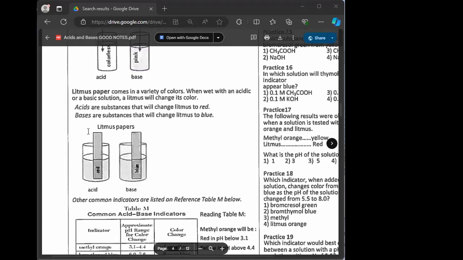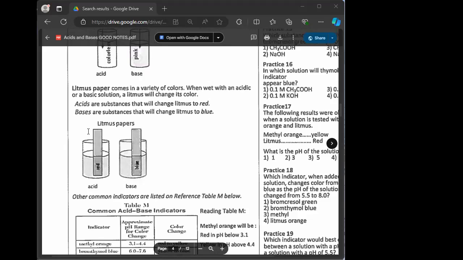Okay, then now we need to look at litmus paper. Acids are substances that change litmus paper to red. So when we dip litmus paper into an acid, it should turn red. And when you dip litmus paper into a base, it turns blue.